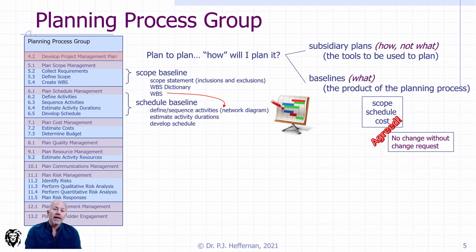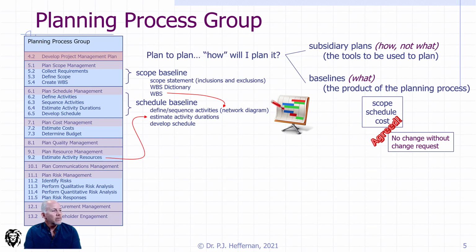And once we've estimated our activity durations, and we know the interdependencies and the relationships from our network diagram, we can go ahead and start to establish our initial schedule and develop the schedule. And what we would hope to come out of this exercise, for the most part, is that we're starting to get towards having a Gantt chart.